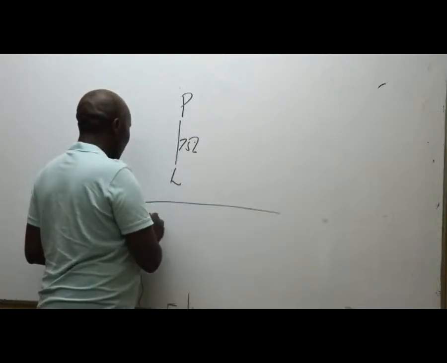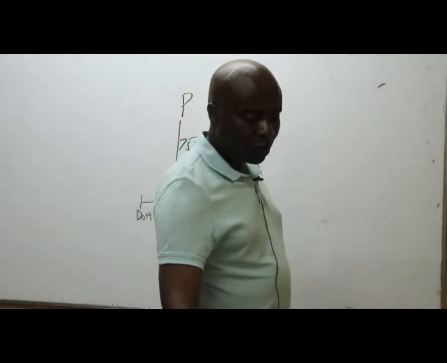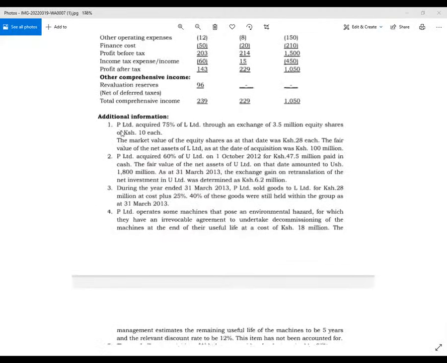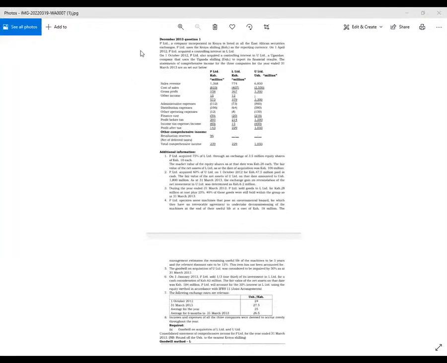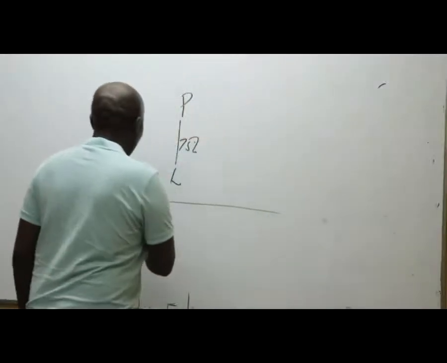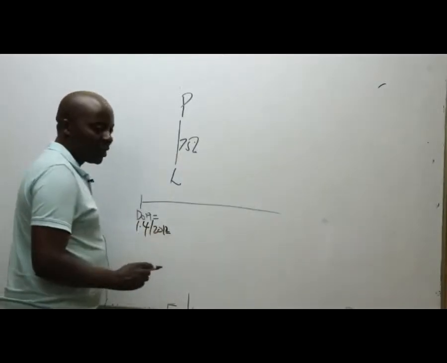We have the date of acquisition, which they told us up here: on 1st April 2012, P Limited acquired a controlling interest in L Limited. So we are talking about 1st April 2012.